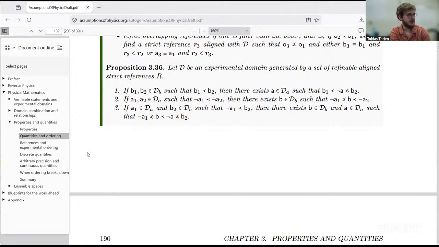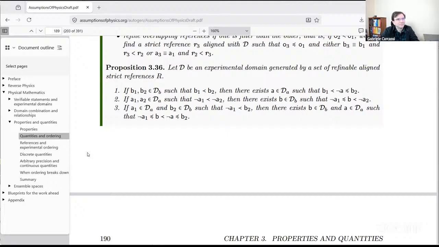If B1, B2 in D_B are such that B1 is strictly narrower than B2, then there exists an A in D_A such that B1 is strictly narrower than not A, which is narrower than B2. So if there's strict narrowness, I can fit something in between in that way.